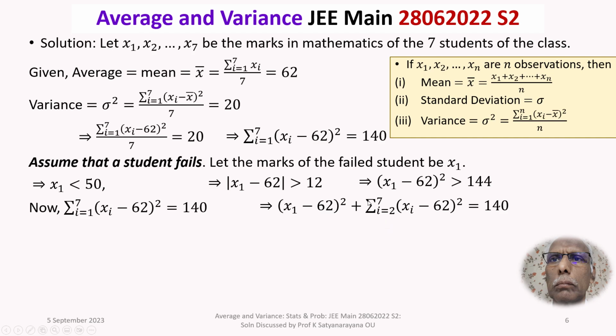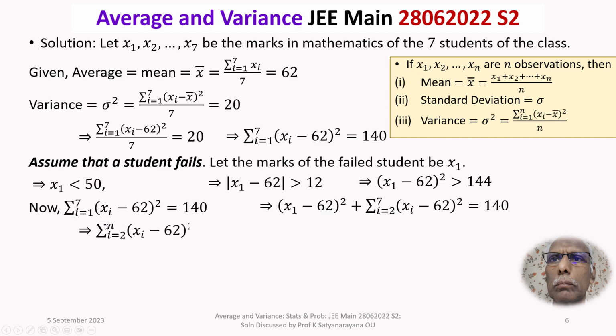Then in that case sigma i equal to 2 to 7, (xi minus 62) whole square, will be equal to 140 minus a number bigger than 144, which will be negative, which is not possible.